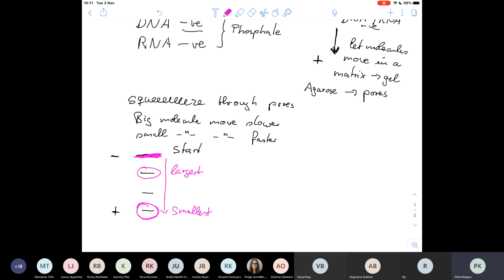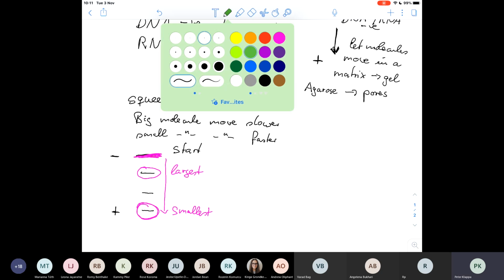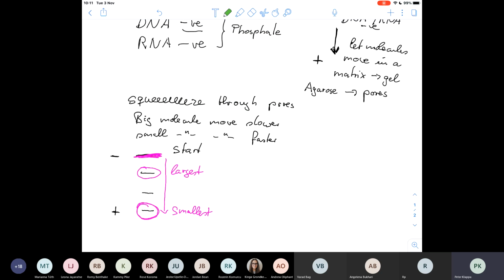And actually what we can do is determine how far a molecule has moved depending on its size. How are you going to do that? Well, what you can do is measure how far a molecule has moved.